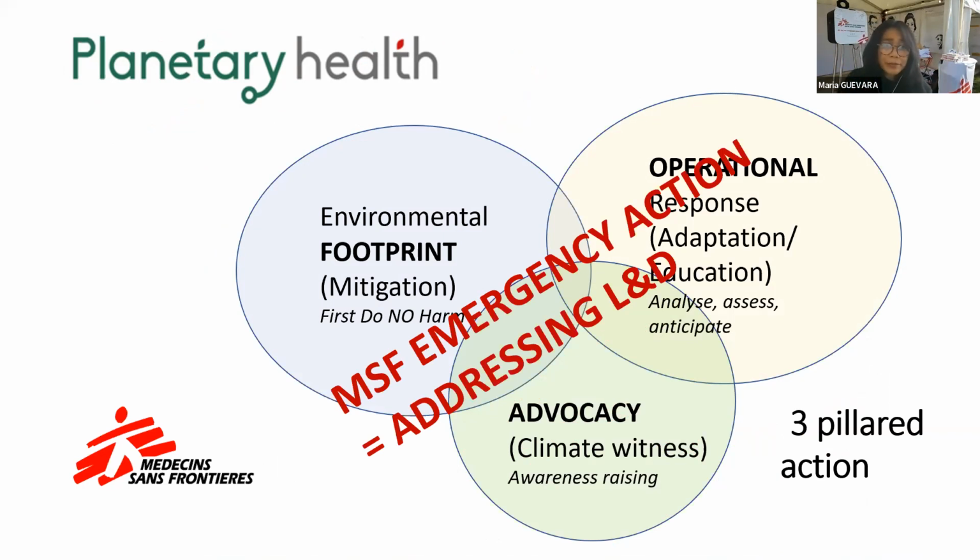So it's a three-pillared approach of operational adaptation with a real focus on anticipation, like meteorological anticipation, climate adaptation. Now we're linking to epidemiological data, with the malaria anticipation program that we've just launched in South Sudan, for example. We've also been working on mitigating our footprint with the first do no harm principle, and of course, adding our voice as climate witness.